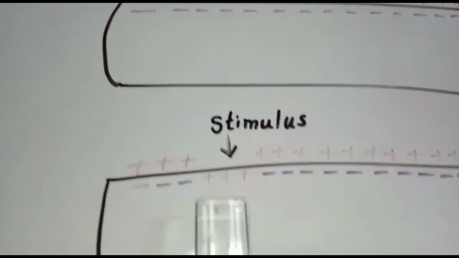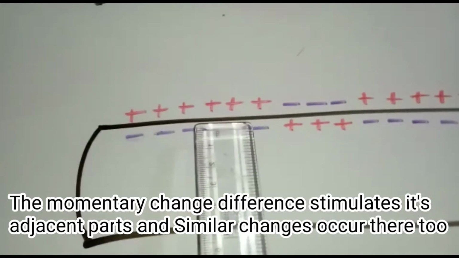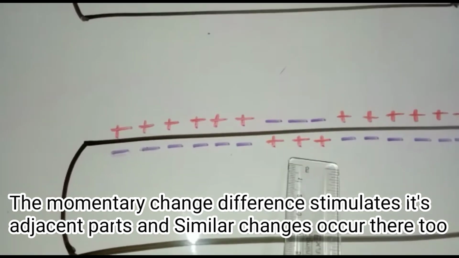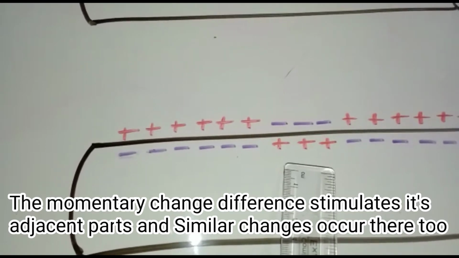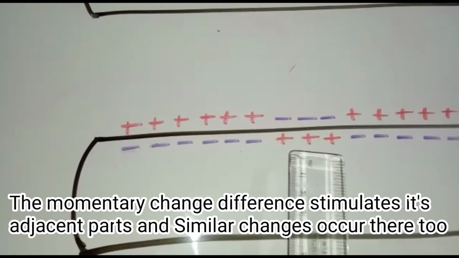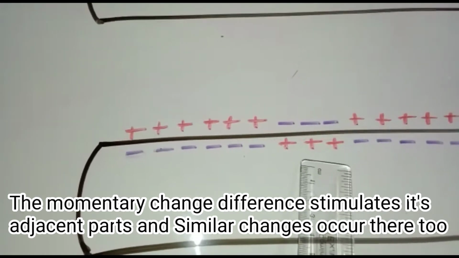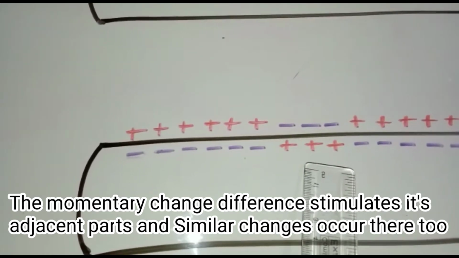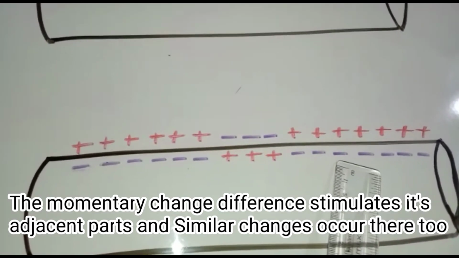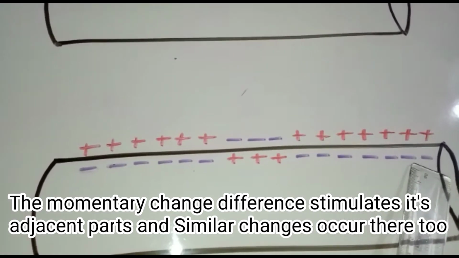Again this passes into the next region. The momentary change stimulates the adjacent parts and similar changes occur there too. Like that, impulses get transmitted as electric charges.